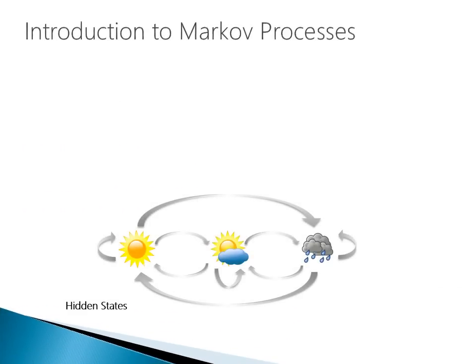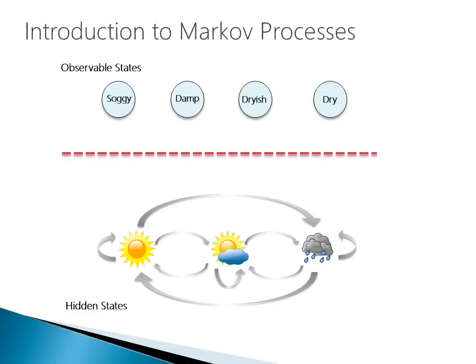So looking at our model from earlier, our Markov process, which is the weather patterns that we were talking about, in this case it's a set of hidden states. Well, we have our observable states residing on the top. So we know what the seaweed is actually showing us. We can tell whether or not it's soggy, damp, dryish, or dry.